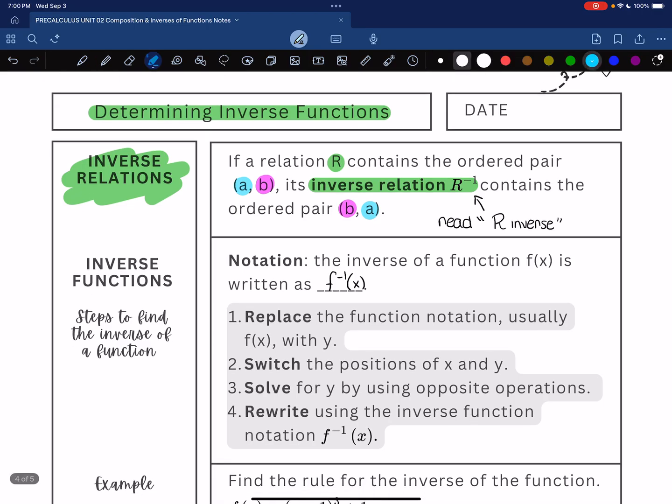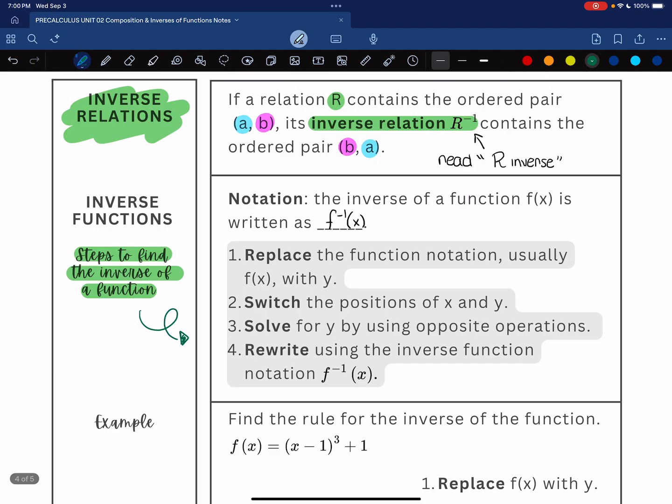Now, big and super important idea here, steps to find the inverse of a function. Here they are, the steps to find the inverse of a function. There are 4 of them. The first is going to be to replace. You're going to be replacing the function notation, which is usually f of x, with a y. Then, once you've replaced that function notation with that dependent variable y, you're going to switch your variable positions.